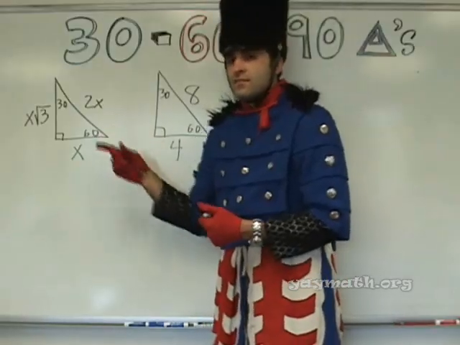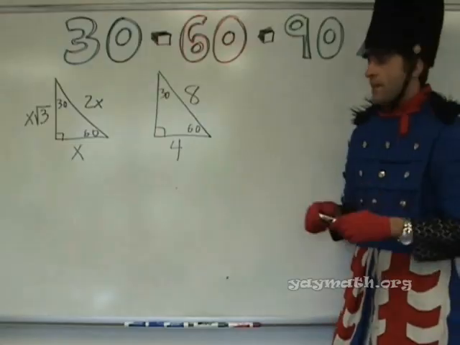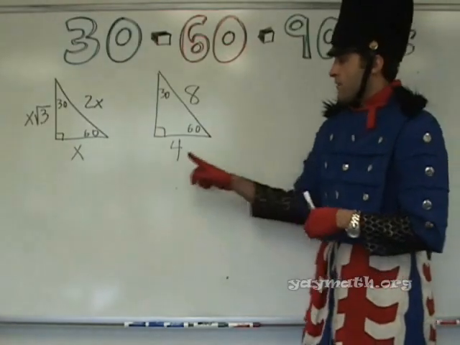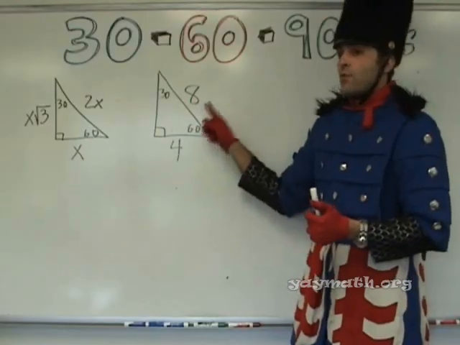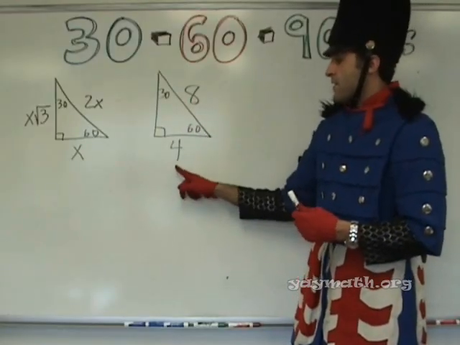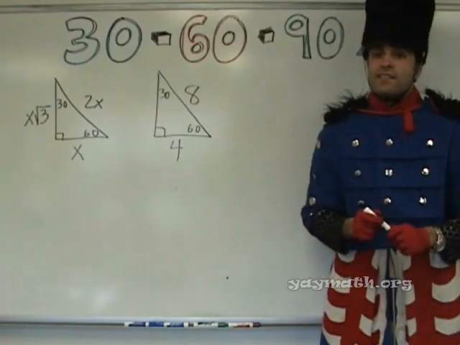The numbers are an example. So if the side opposite 30 is 4, then the side opposite 90, the hypotenuse, is 8. And if this is 4, the side opposite the 60 would be what?